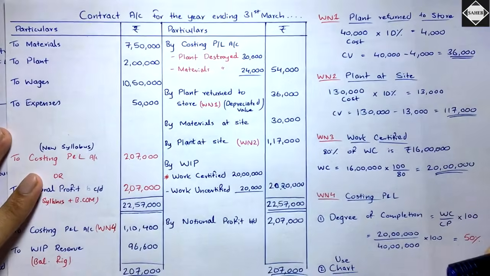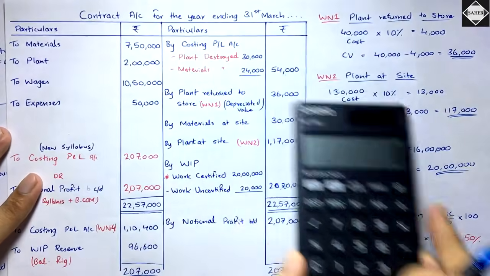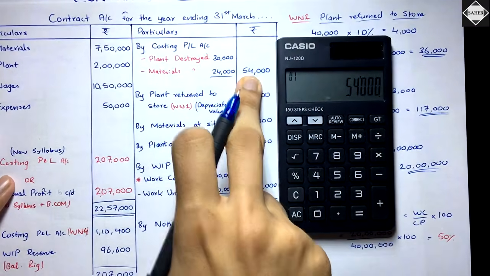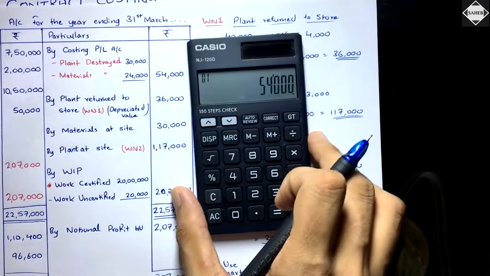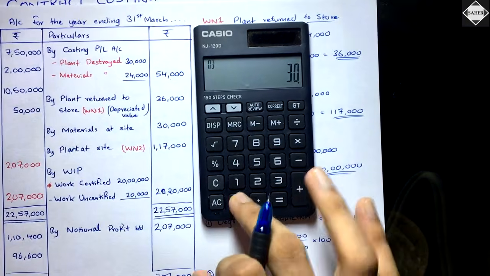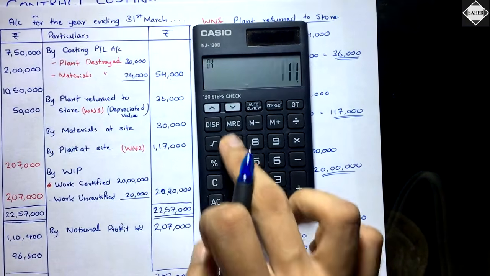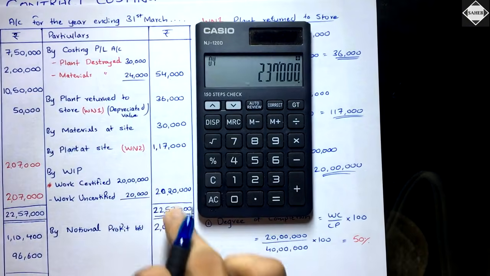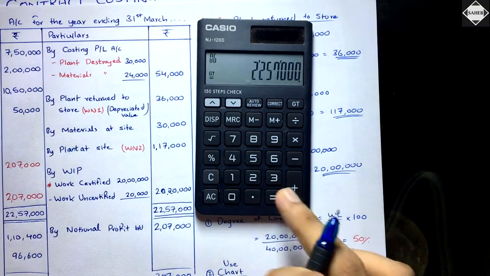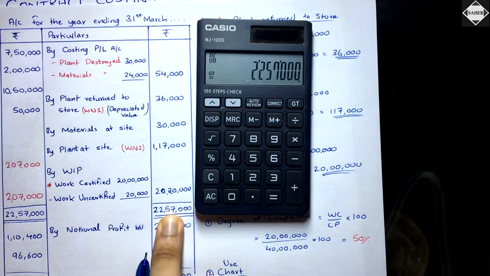See here, let's put that into the calculator properly. On the credit side, 54,000 plus 36,000 plus 30,000 plus 1,17,000 plus 20,20,000, that's equal to 22,57,000, right?